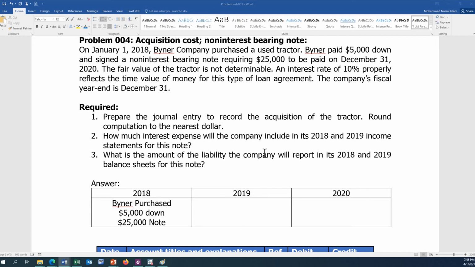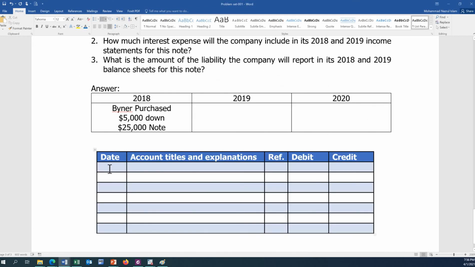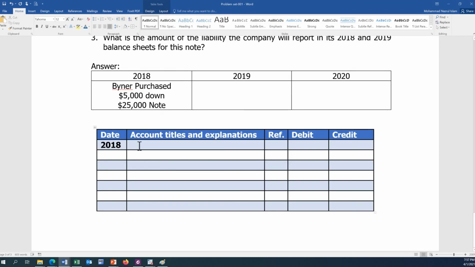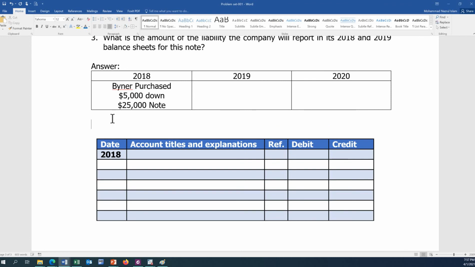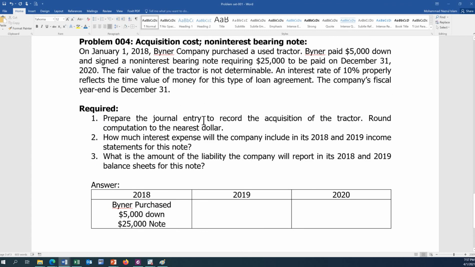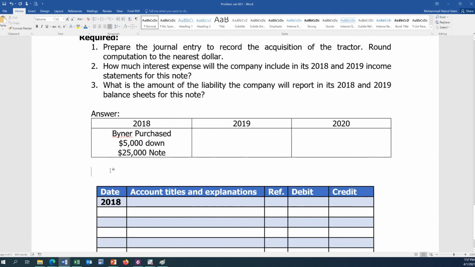So the first one is 2018. Before recording the journal entries, let's calculate the fair value, meaning the present value of the note.